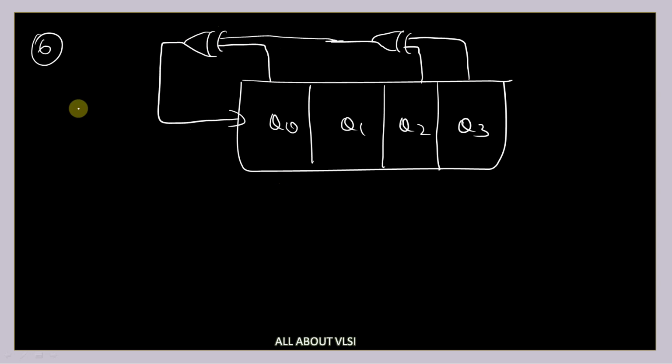In this shift register, the initial value of Q0, Q1, Q2, Q3 is 1000. So this is our clock, Q0, Q1, Q2 and Q3.